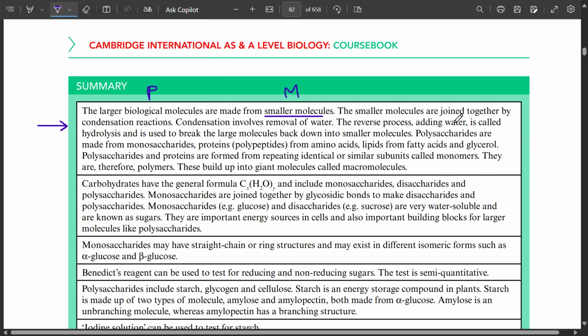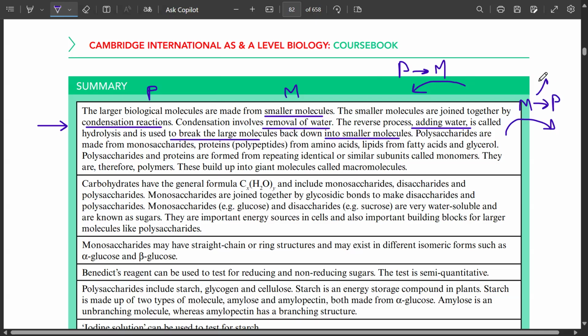The smaller molecules are joined together by condensation reaction by the loss of water, where the condensation involves removal of water, and the reverse process, adding water, is called hydrolysis, which is used to break the large molecules back down into smaller molecules. So hydrolysis means adding water, where you can break polymers back into monomers, and condensation is removal of water, where you join monomers to form the polymers.